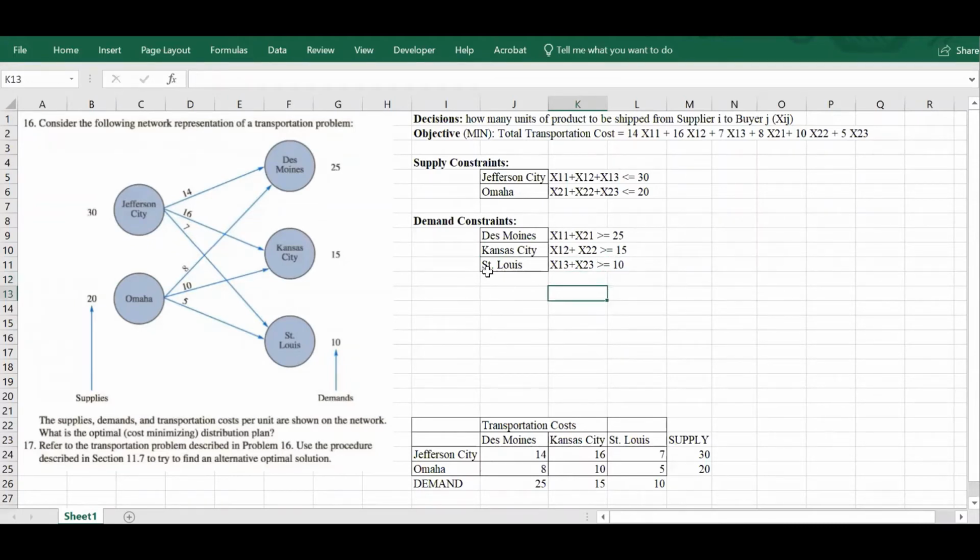So that's just the demand constraint, the typical demand constraints. And then we have the non-negativity, which simply says Xij's cannot be negative.